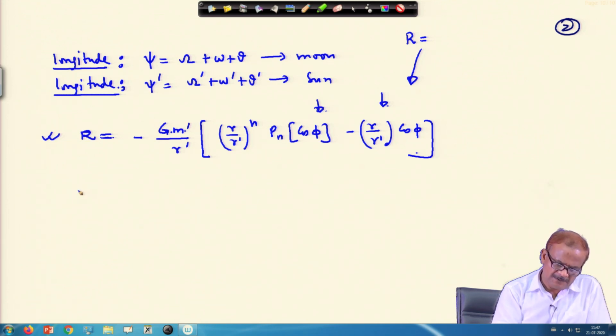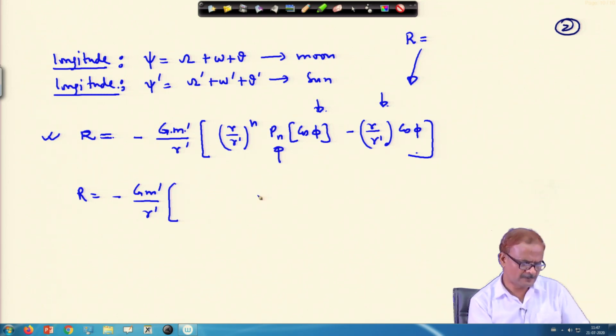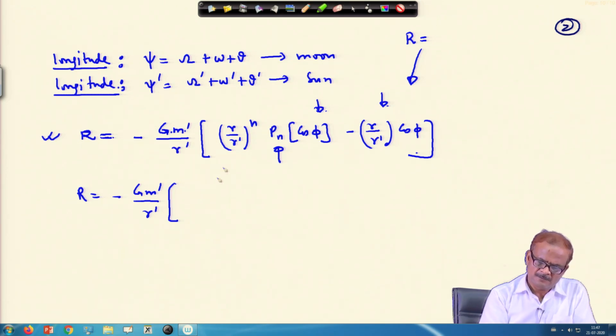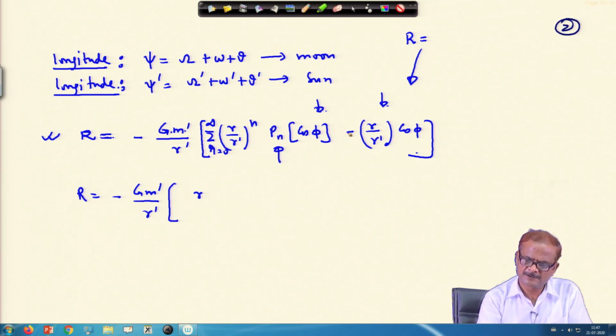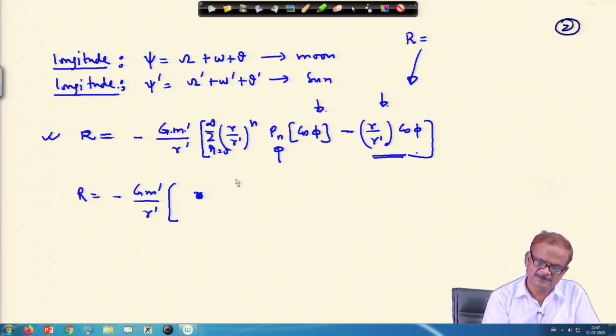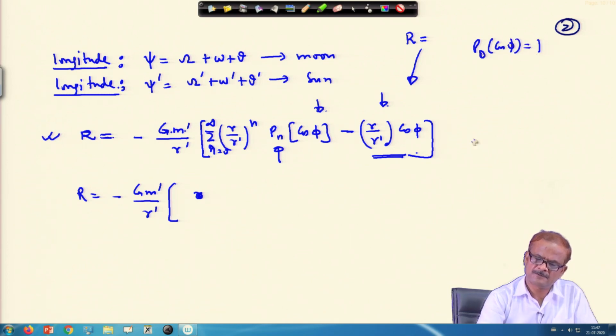We can expand this and write this as G m prime divided by r prime, and here this is your Legendre polynomial, as we have worked earlier for the oblate spheroid. And this is summation n equal to 0 to infinity, and here this is minus, a separate term. Once we expand it, the first term P 0 cos phi is equal to 1.